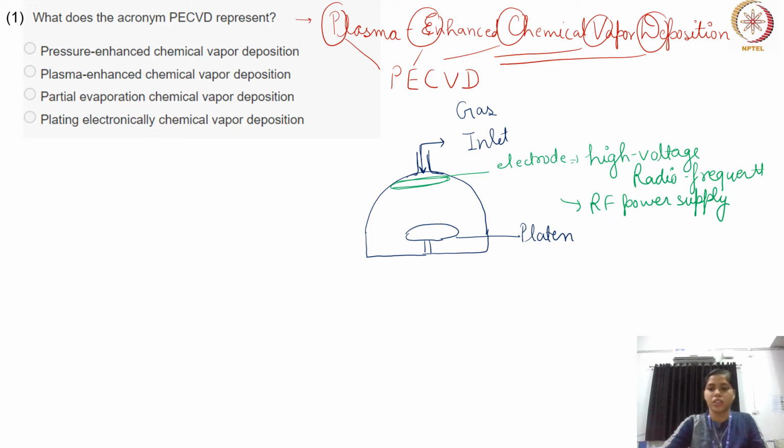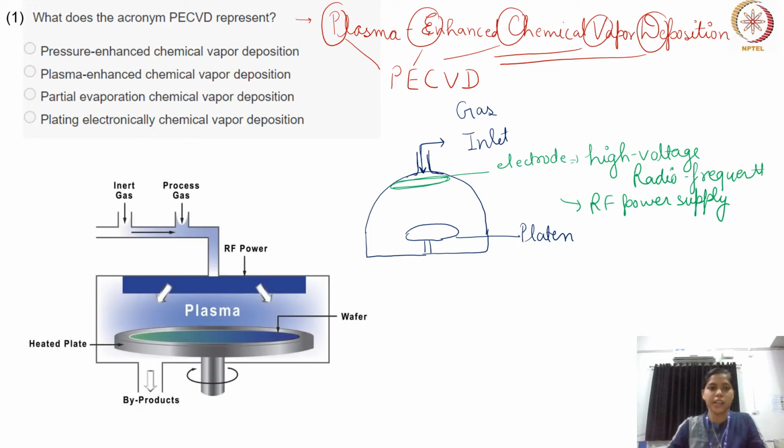Okay, so you can see the image here which represents how this PECVD technique actually works. So this is my substrate platen, and I can keep my substrate here, or this wafer is actually representing the substrate, and this is your electrode which is giving you the RF power, and this is our inlet.